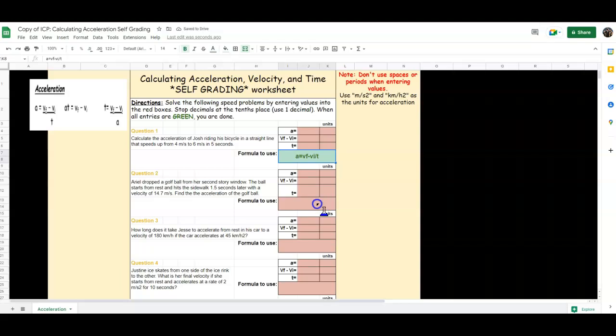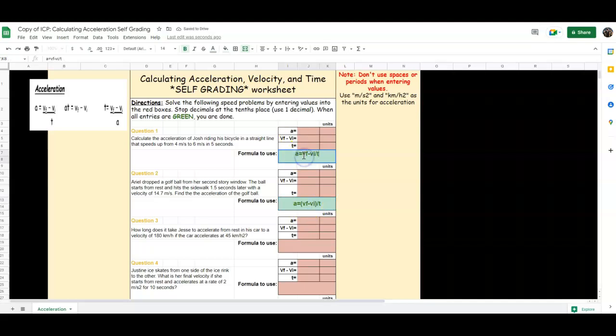There are some parts in which you're trying to find acceleration that you may not get it to go green. So for example, here I type it in again and it turns white. For some reason, you need to make sure that it is going to be in parentheses, because technically it is in parentheses. Whoops, sorry, not that. VF, and then it'll go green.